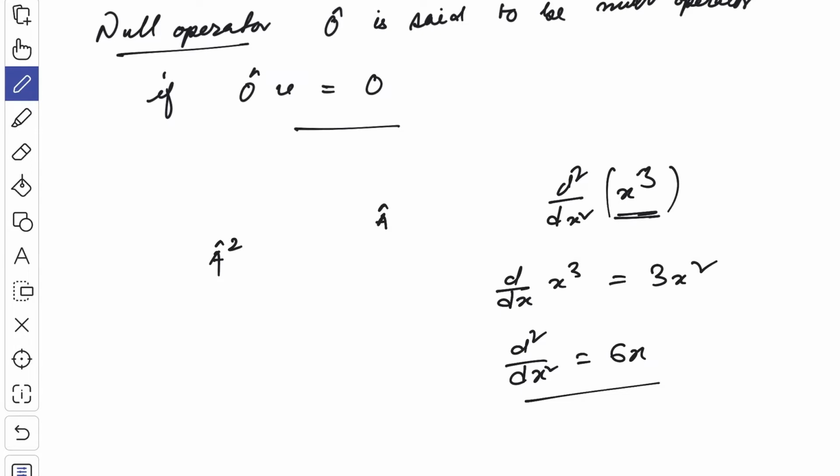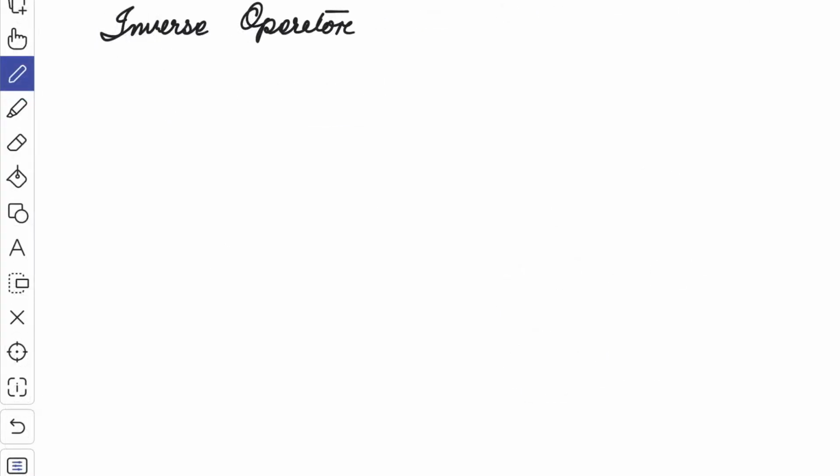So now the inverse operator. What do you mean by inverse operator? Suppose we have two operators, one is a cap, another is b cap, and a function, suppose u. When a operates on u, it gives, suppose, another function v.